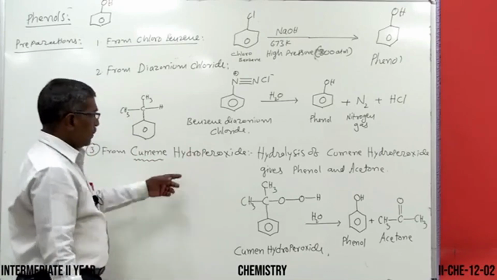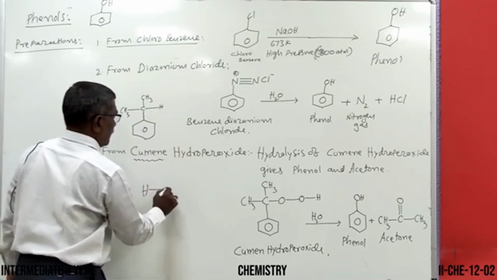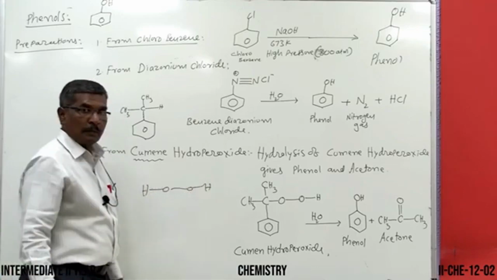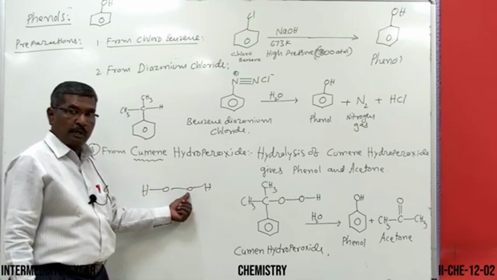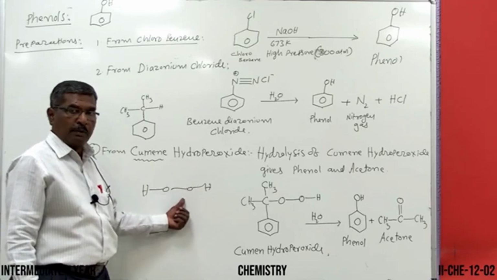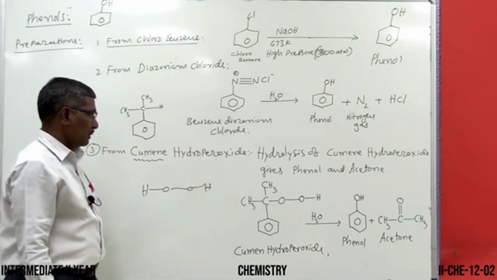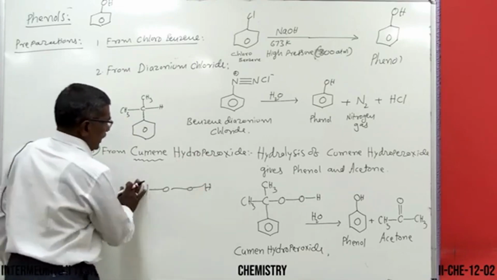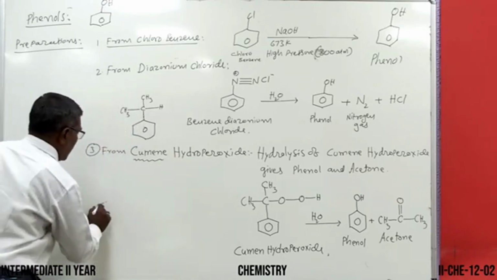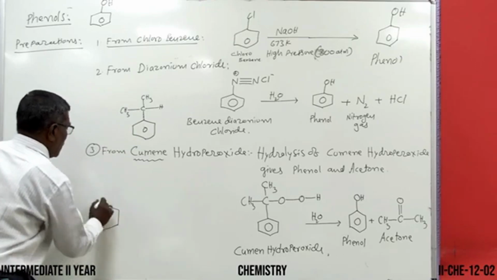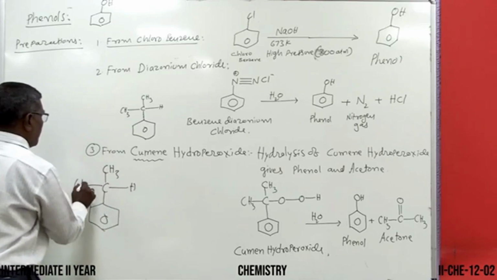Hydroperoxide. You know hydrogen peroxide. Peroxy: the single bond between oxygen and oxygen is said to be a peroxy bond. Now, cumene hydroperoxide. Let us take how to prepare it. We have to take cumene, CH3.